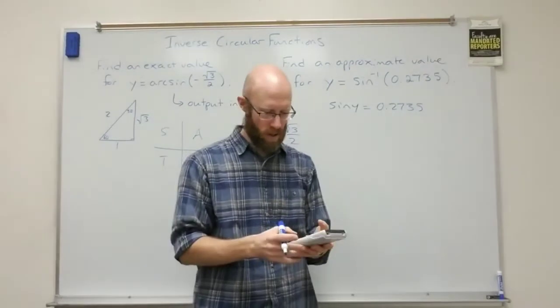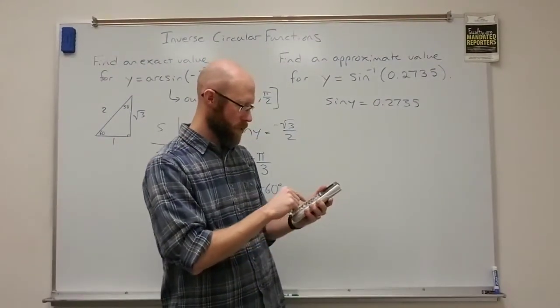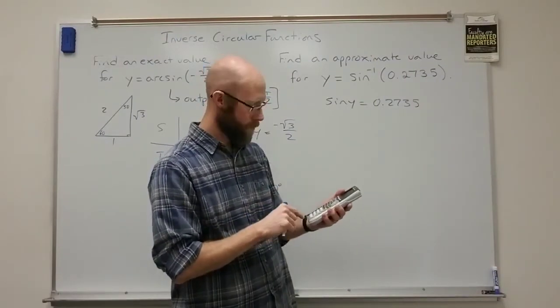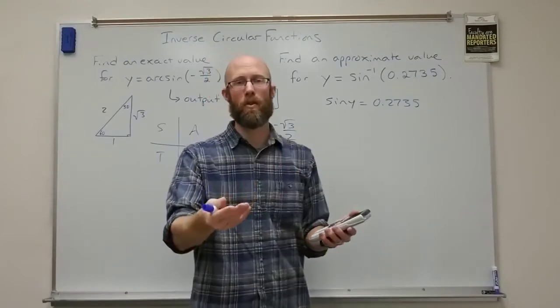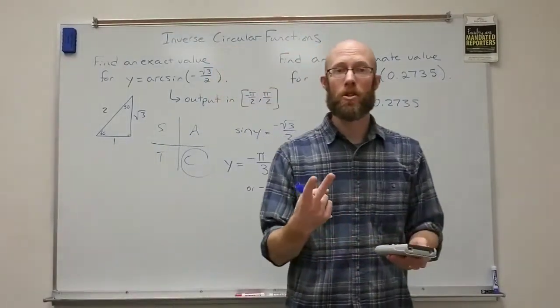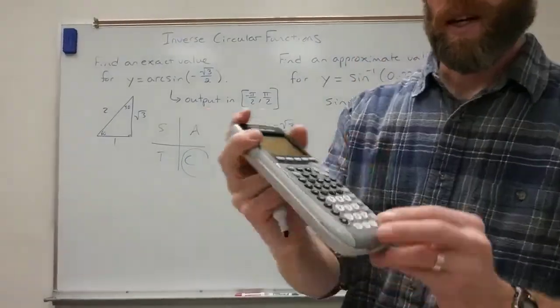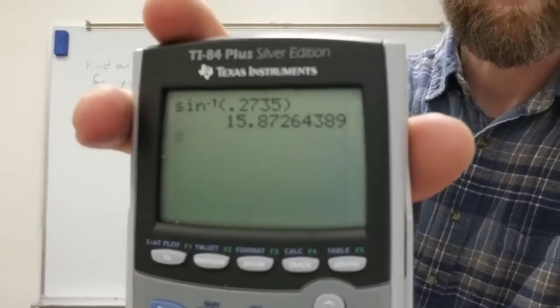So we go to the calculator, and we punch in inverse sine, second sine, 0.2735. Now you guys have done this before, so this isn't new. But there are two outputs. This one appears to be the degree mode.